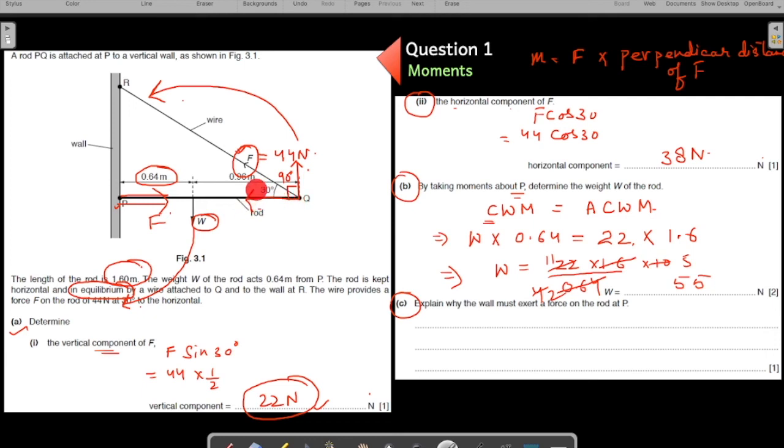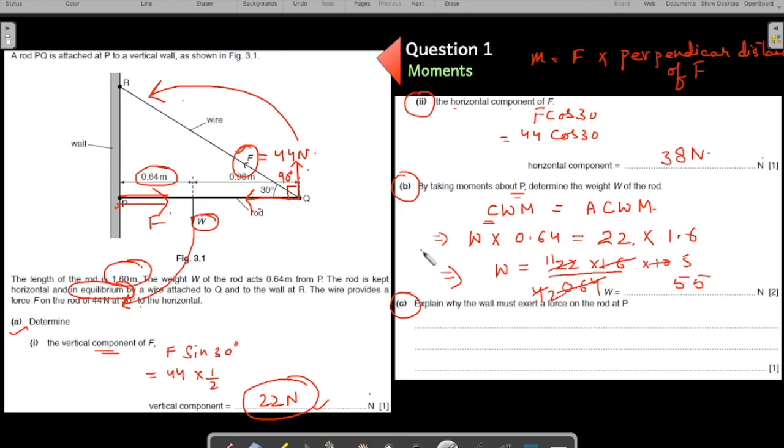Did you ever think about it? What is balancing the horizontal component of F? If the horizontal component of F is acting right to left, there should be a force acting left to right to balance it. So what is that left to right force coming from? It is coming from the wall to the rod. That's how you explain it. It is a 1 mark question, easy to talk about.